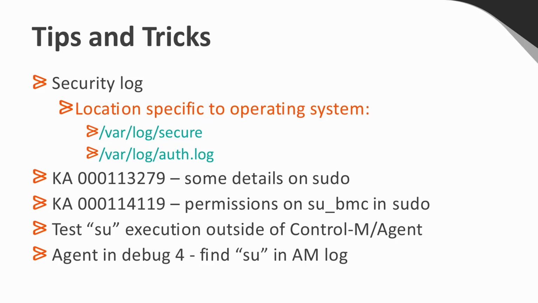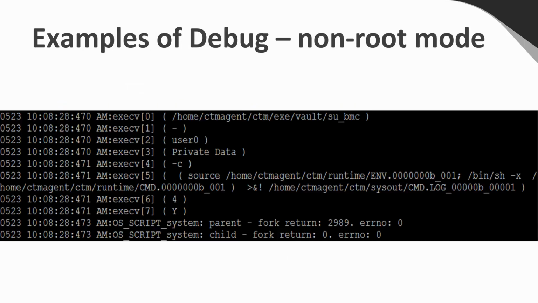What we would do in the case of a Sudo or even non-root would be to take the execution as it's built by the Control-M agent and attempt to do that outside of the Control-M agent. And I'll show you here what it looks like in some debug logs in the AM logs on the agent.